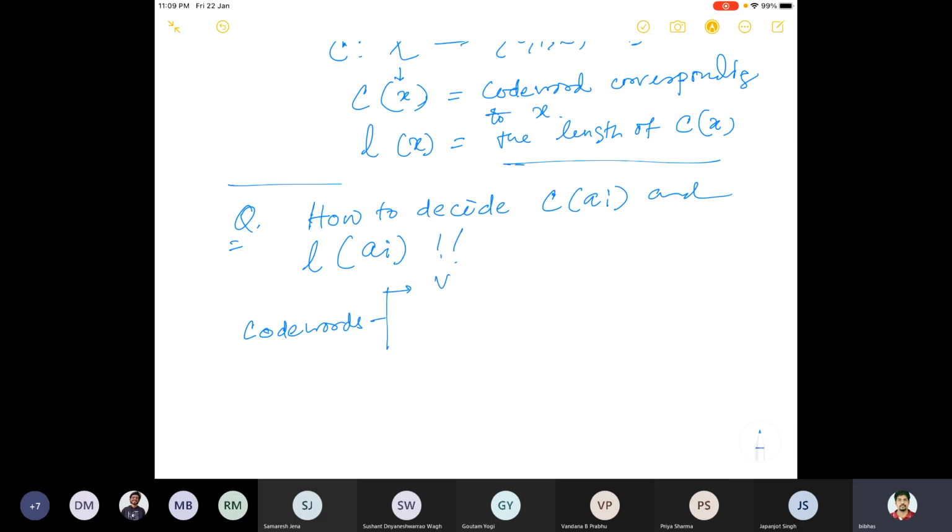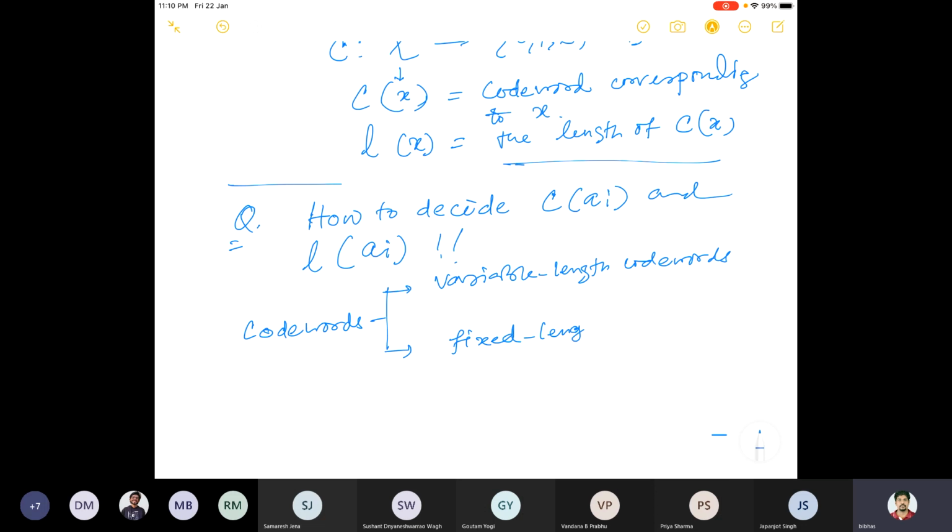It is variable length code words, and this is the fixed length. Fixed length means for all the letters, the length is fixed. The length of each code word is the same. So this is fixed length.